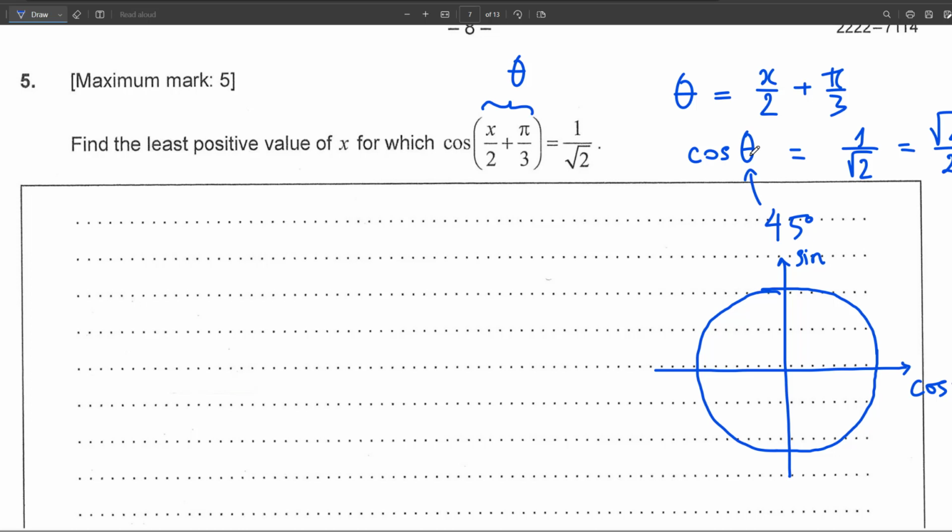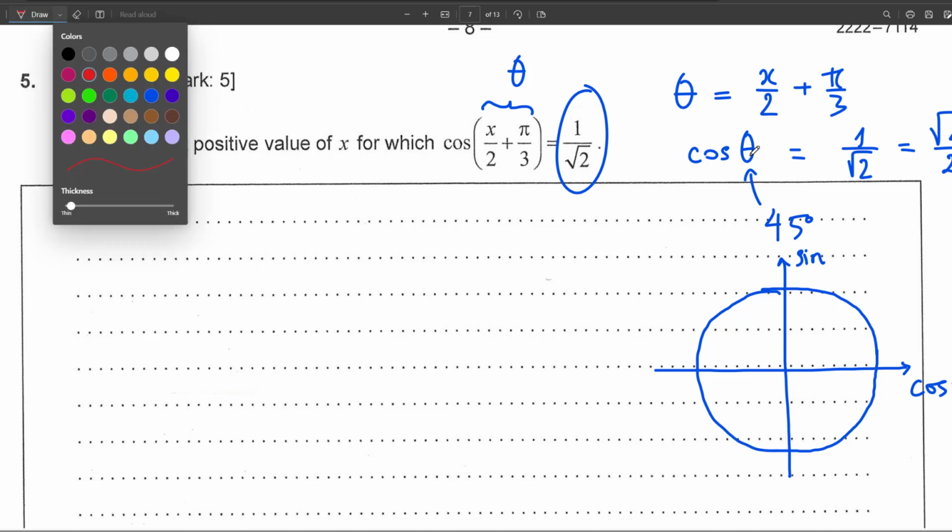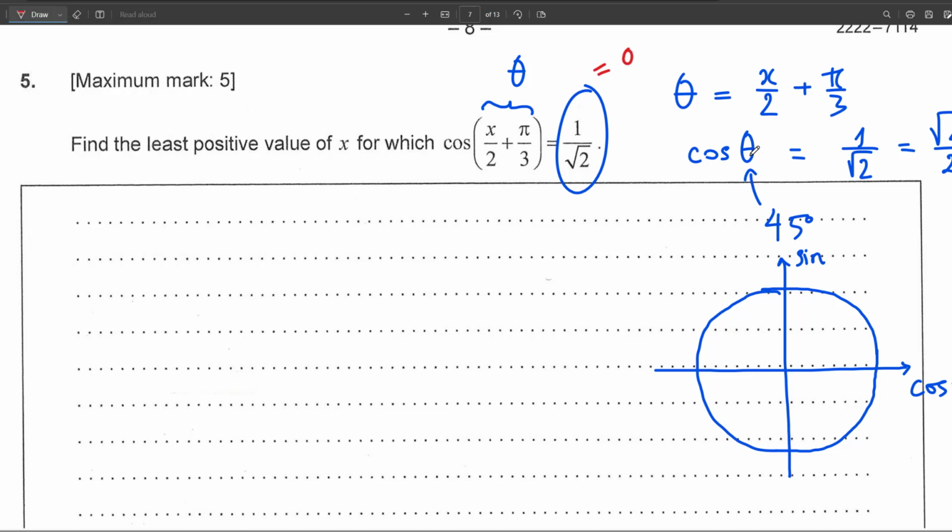The value 1 over square root of 2 is equal to 0.71. It's just my memory, I remember that using the calculator. So that value 0.71 is here. This can be written as square root of 2 over 2.